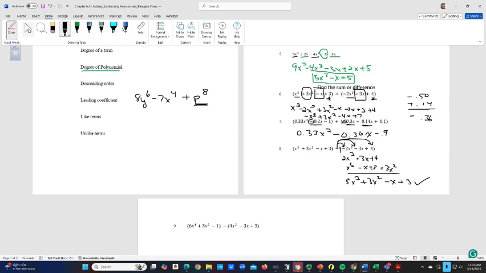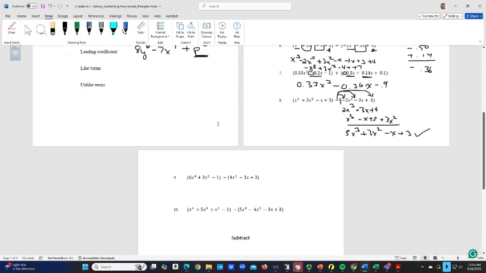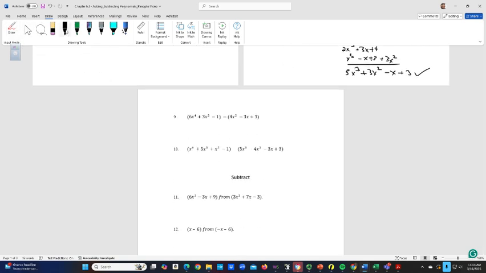Okay, same thing with question number 9. Because it's this trinomial minus this trinomial, I have to distribute this -1 into all 3 of these terms. So that becomes a negative 4x squared, a positive 3x, and a positive 3. And again, I can just bring down my terms over here.